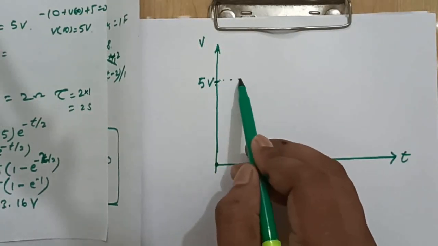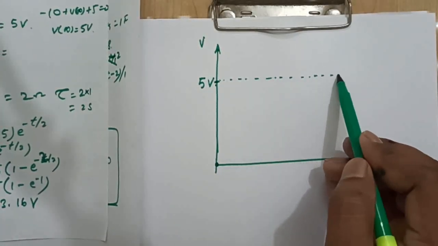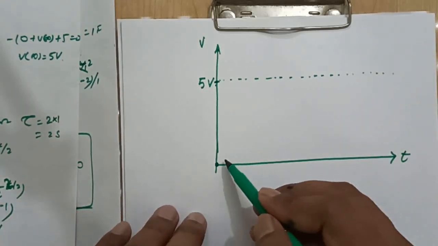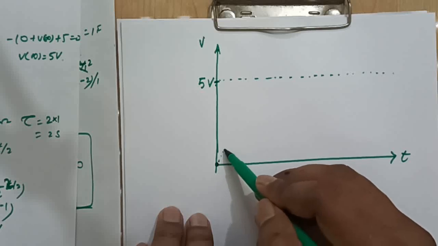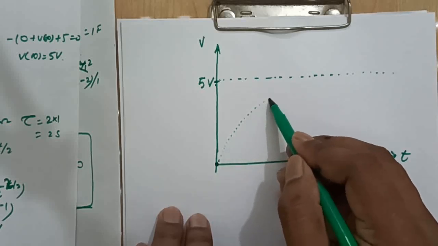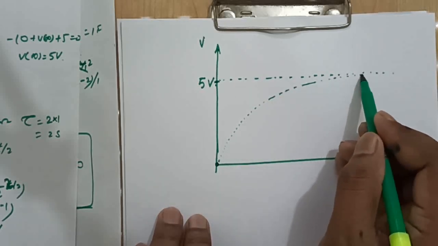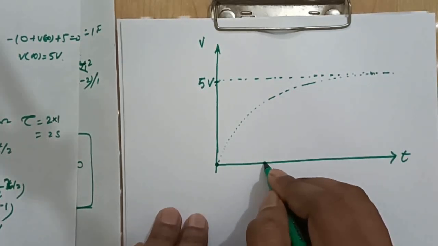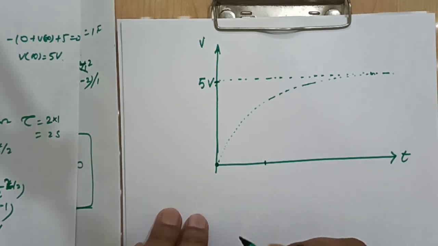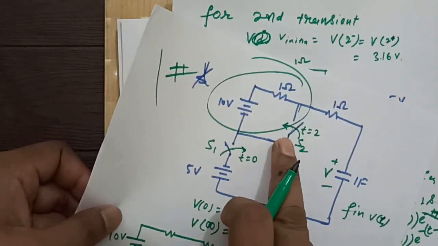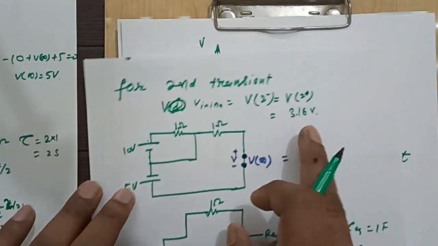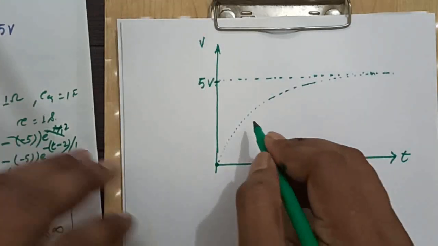So if I don't introduce the second transient, the capacitor will continue to charge up to 5 volt, right? But at time t equal to 2 seconds we introduce a transient, and at that time what was the voltage? 3.16.